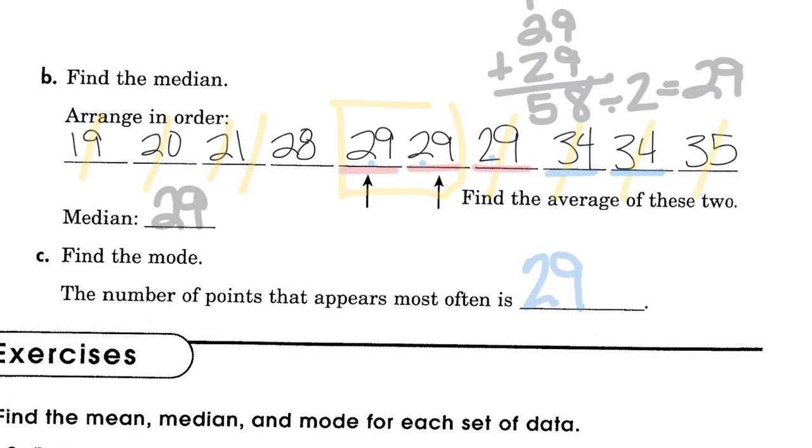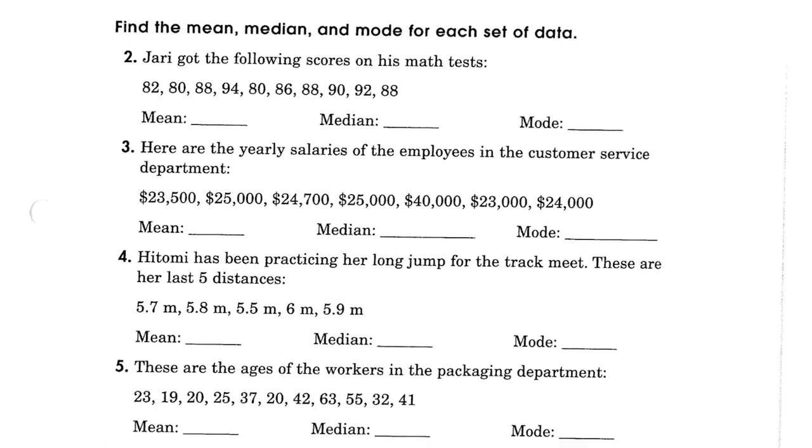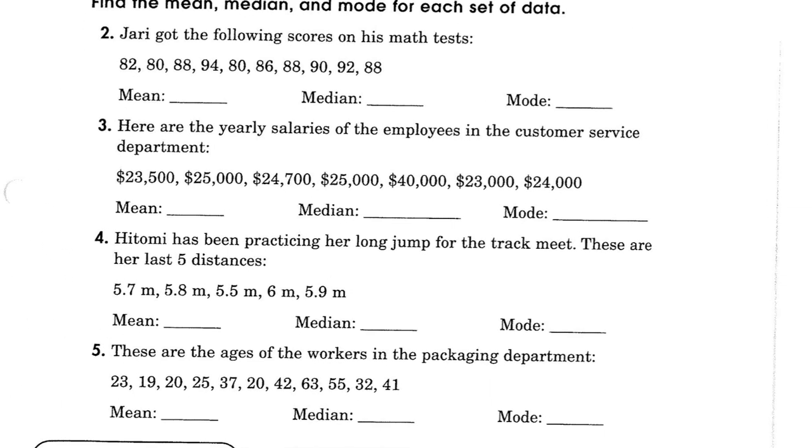Now, if they both occurred 3 times, I would have what we call bimodal, and I'd have to write down what both of those modes are. I'll tell you this, in this lesson, you don't have any bimodals or trimodals. So on problems 2, 3, 4, and 5, you are going to find the mean, the median, and the mode for each problem.